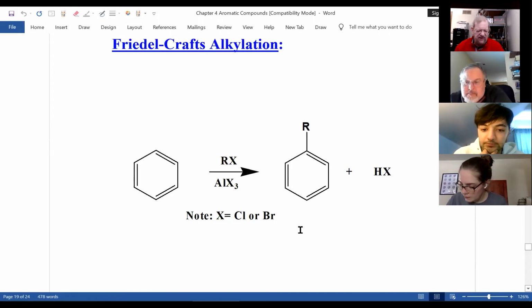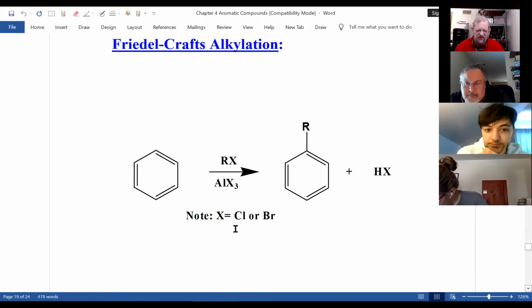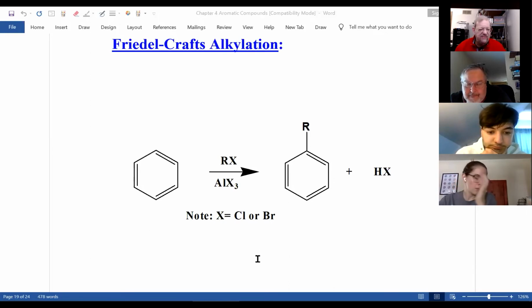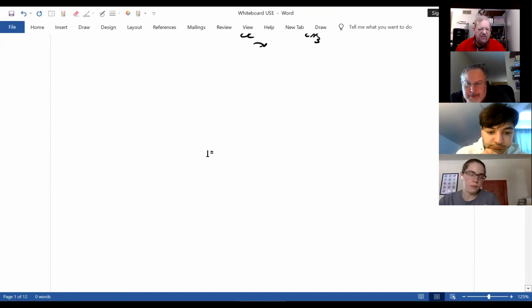So let's look at Friedel-Crafts alkylation. By the way, in real life, I've only seen this done with chlorine, bromine, or iodine alkyl halides. I think cost-wise is why you don't see the others in real life. So I'm just going to do it in real life because Dr. White lives in real life. All right, let's take a look at a reaction.